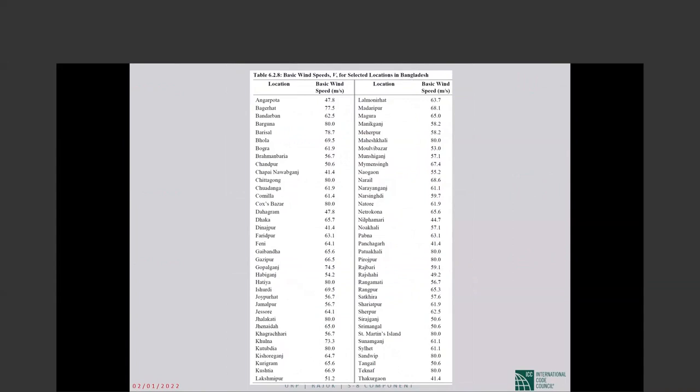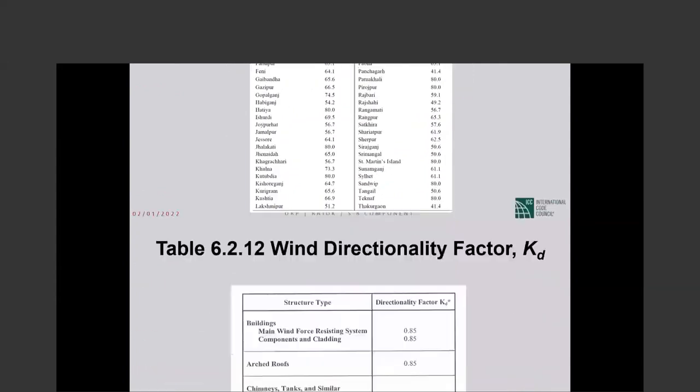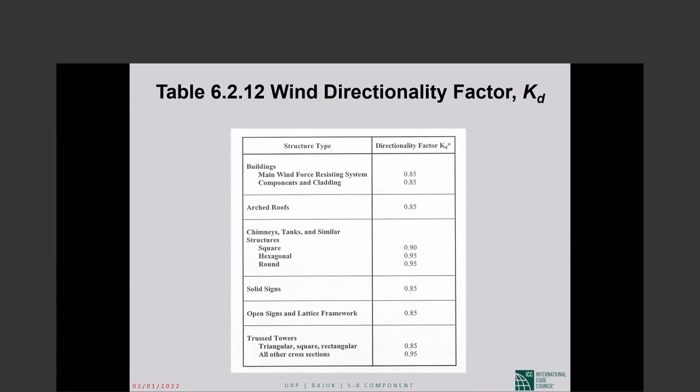So if you want the design wind speed for Dhaka, all you have to do is locate Dhaka and it tells you 65.7 meters per second. You don't even have to go to the map. This is additional help that is provided to you. The directionality factor comes from this table, and for all buildings it is 0.85.